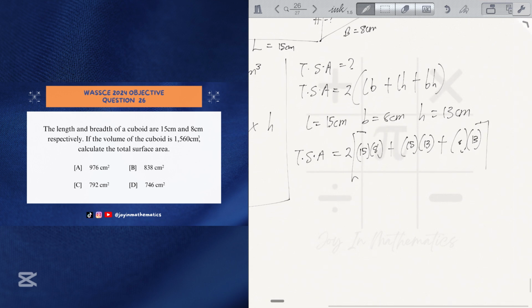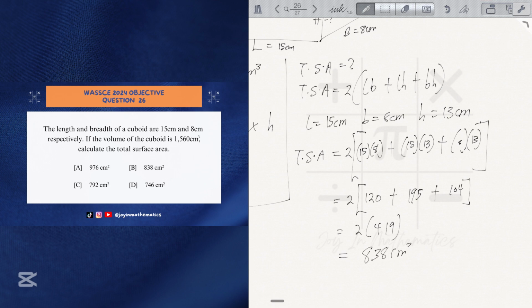So this will be 2 into 120. 15 multiplied by 13 will be 995, and 8 multiplied by 13 will be 104. So this will be 2 multiplied by 419, and this will be 838 centimeter squared. 838 centimeter squared is equivalent to option B.